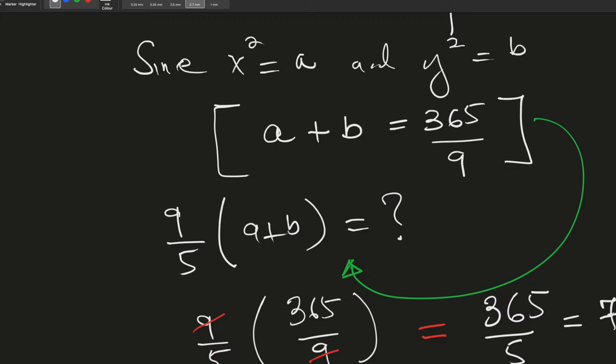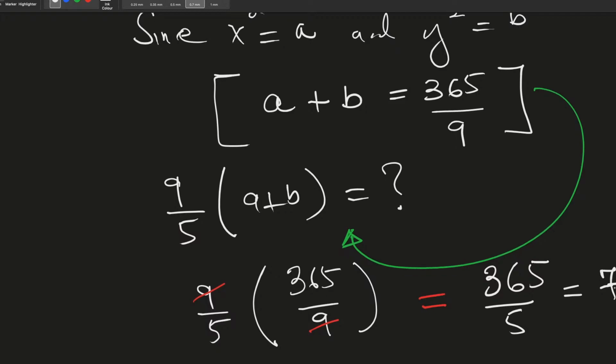So friends, that is where our answer lies. Now, it's beautiful. So we have 9 over 5 multiplied by 365 over 9, and that gives us 73. So that's how we started, friends.